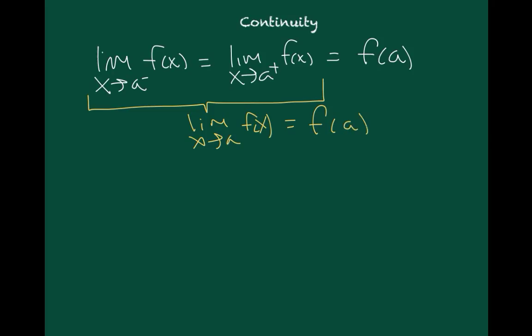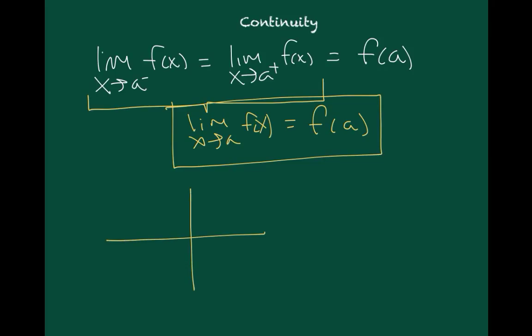And so really this definition boils down to this, and this should definitely be in your notes: a function is continuous if the limit as x approaches a equals the value of the function at a. Let's take a look at this example. Here I'm going to put the point a, and along comes a function, and it has a hole there at a.